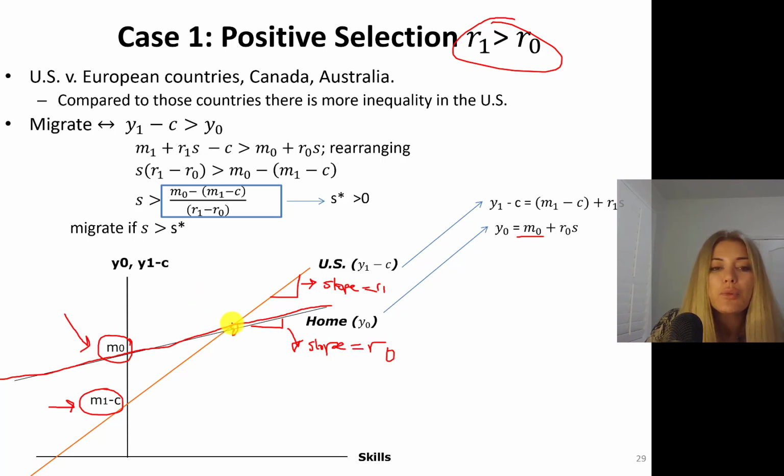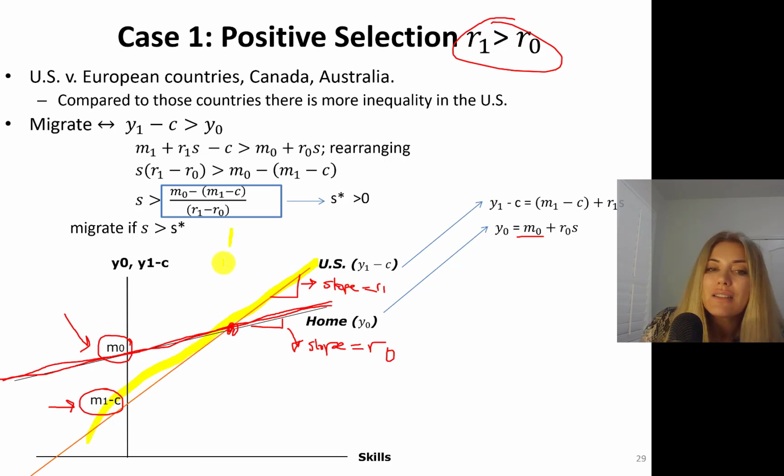So who is going to move to the US? This line is the return to your skill as measured on the y-axis, and this is your skill. Return to your skill at home is here. Return to your skill in the United States, if you migrate, is here.